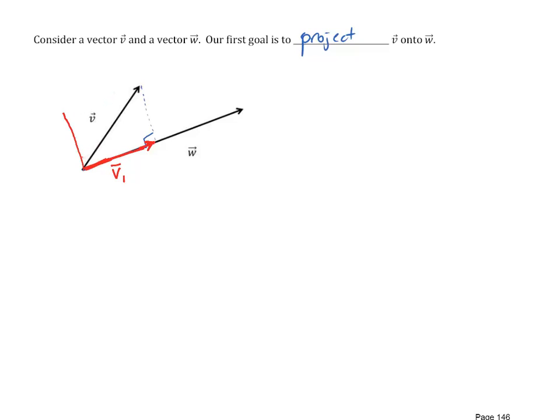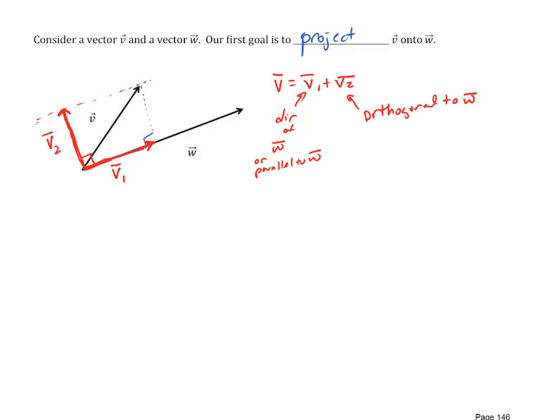So by going perpendicular straight up as high as this vector right here, if I were to call that vector, which again is perpendicular to w, v2, then v is equal to v1 plus v2, where v1 is in the direction of w, or parallel to w, and v2 is orthogonal to w.